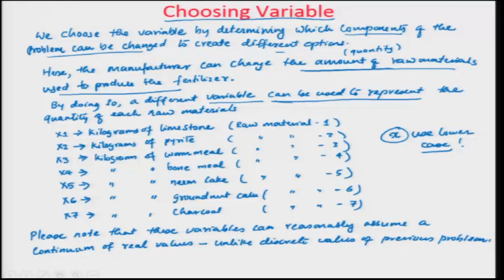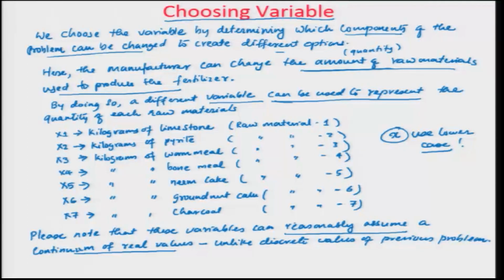So you can think that the values x1, x2, x3 all the way to x7 can take are values between 0 to, in the case of x1 for the limestone, it can vary between different values. We will write that in the next constraint, ideally speaking.